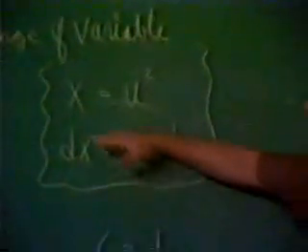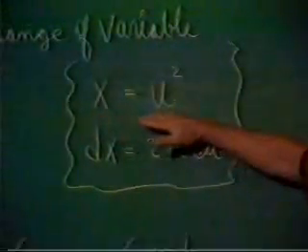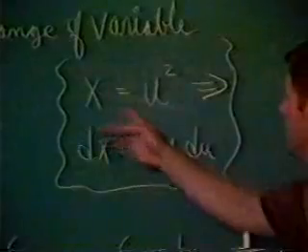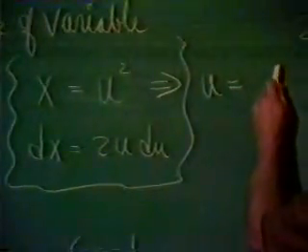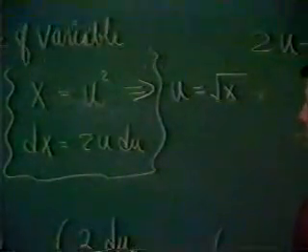If we look back at our change of variable, we said we're going to replace x with u squared. Well, this tells us, if x is equal to u squared, that u is equal to the square root of x.